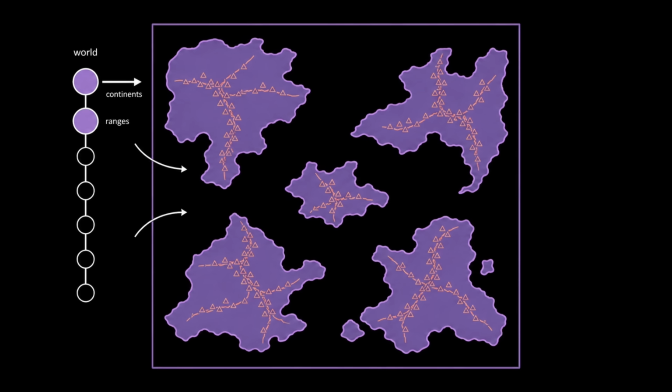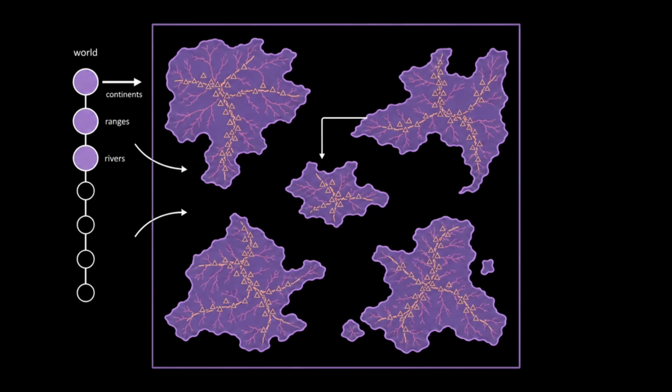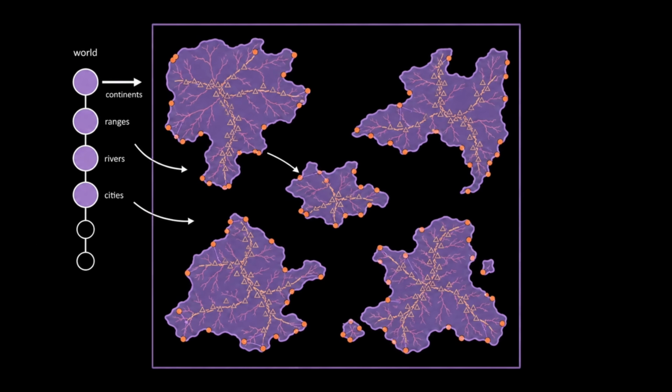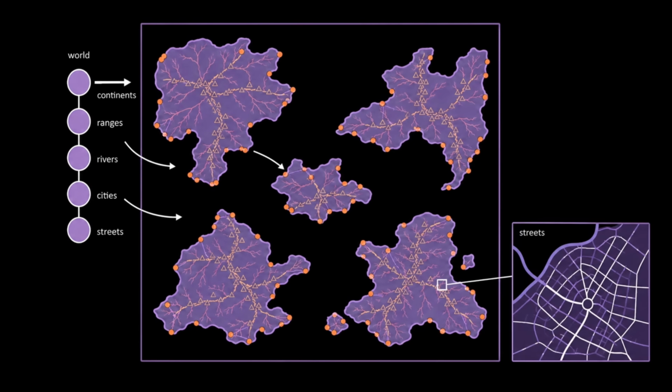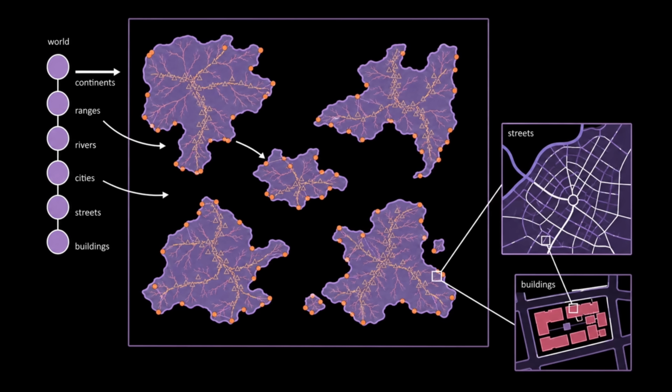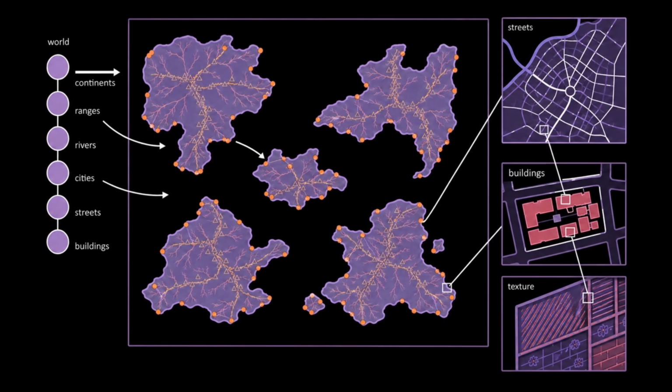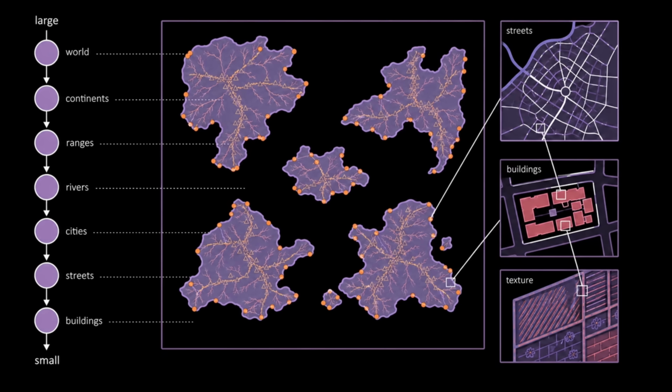Instead, you first define continents, then mountain ranges, then river systems, then cities, then streets, then building details, then textures. Large-scale choices constrain small-scale ones. The world becomes richer as you descend through levels.